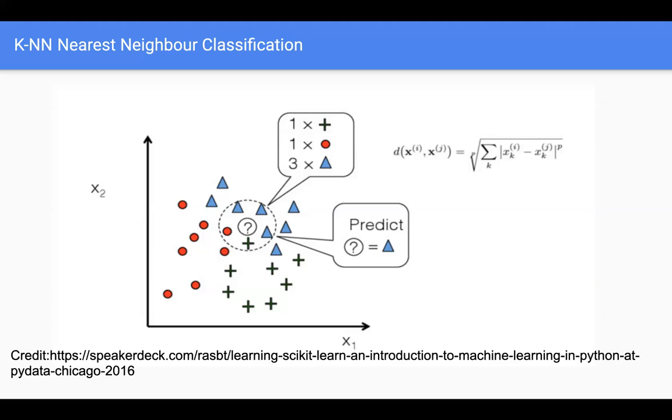In the nearest neighbor algorithm, the gist is that it tries to find k number of neighbors which are very close to this particular point. The point of interest here is this question mark point. So it tries to identify who its neighbors are.